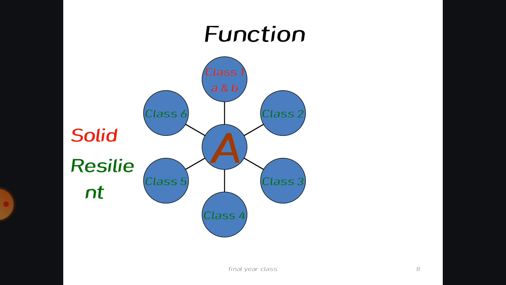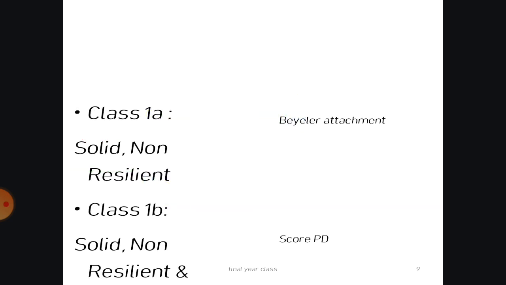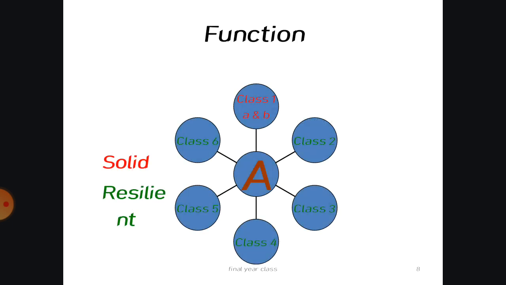Then this is the classification based on function. You have class 1, class 2, class 3, class 4, class 5 and class 6. Class 1 is considered solid. In class 1 you have class 1A, which is solid or rigid, and class 1B, which is solid, rigid and lockable.